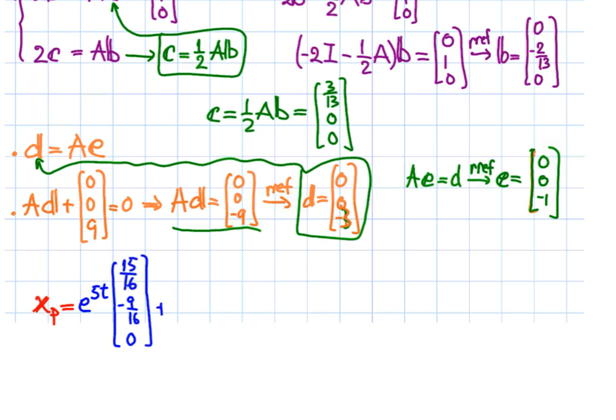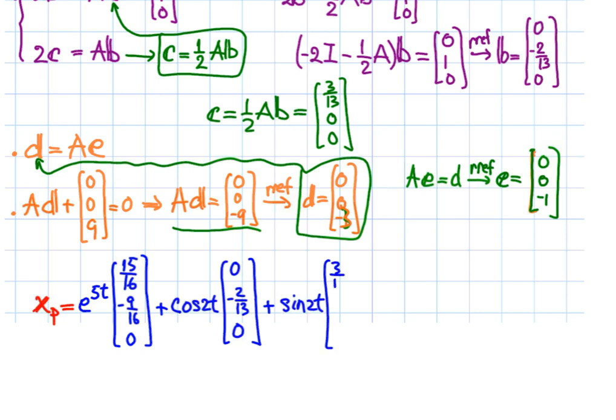And then B, which will multiply by cosine 2t: 0, negative 2 over 13, 0. Sine 2t: 3 over 13, 0, 0.